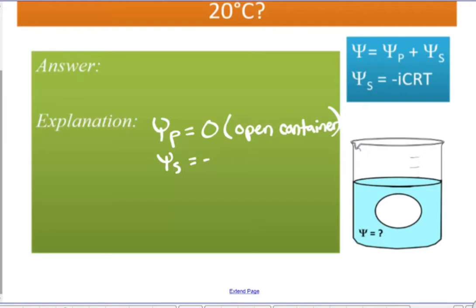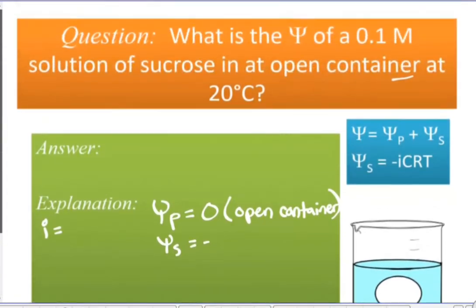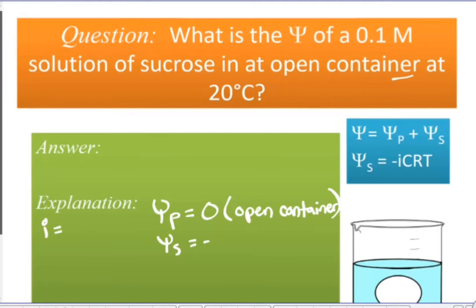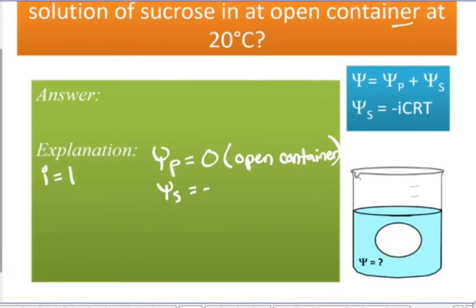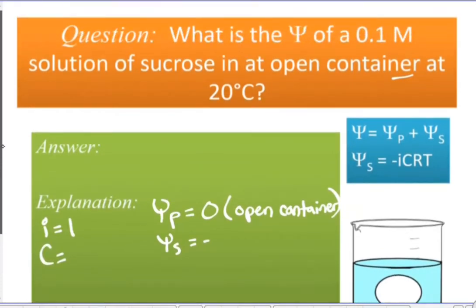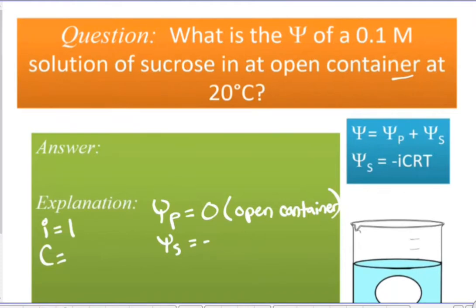All right, I'm going to come over to the left of this and write out all the parts of solute potential. In order to find my solute potential, I'm going to need my I, my ionization constant. This is sucrose, an organic molecule. It's covalently bonded, so my ionization constant is 1. My concentration is coming from right there in the problem.